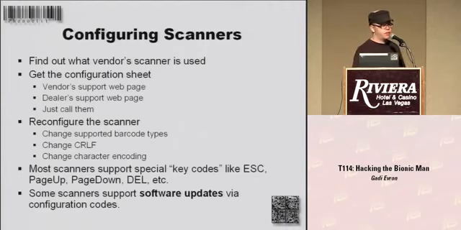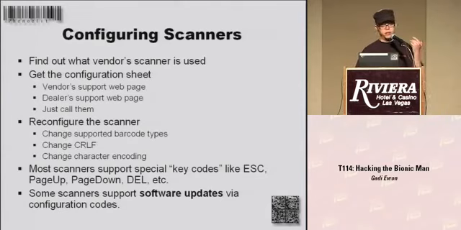And this is essentially what you do. You go to the vendor's page, and many vendors actually post the configuration barcodes on their web page. You can just call up the dealer that sells those barcode scanners, and then you reconfigure it. You can change the supported barcode types, which means that the system that formerly thought it's only accepting, let's say, UPC barcodes, now suddenly accepts all types of barcodes.